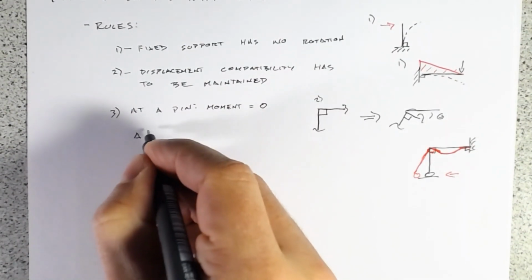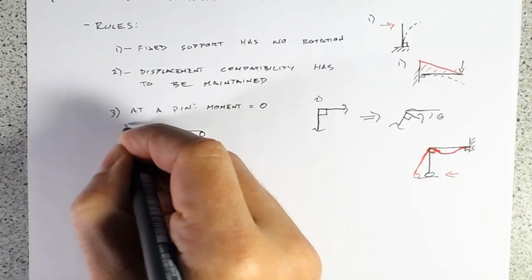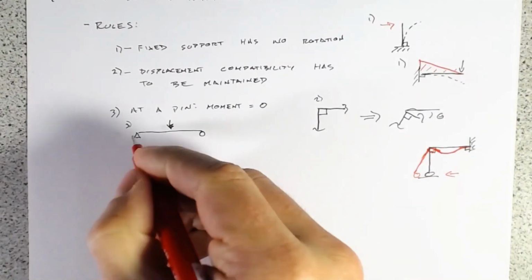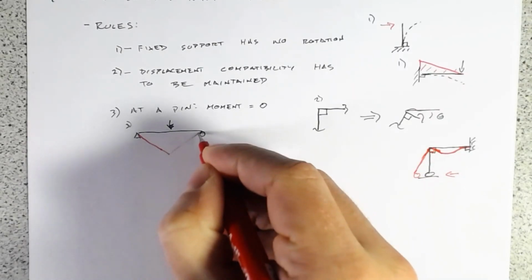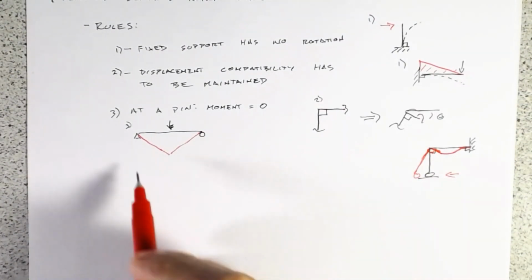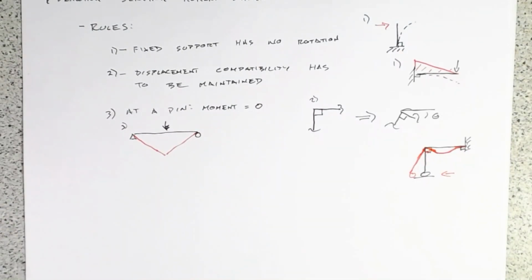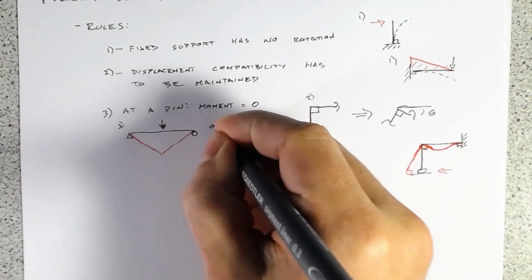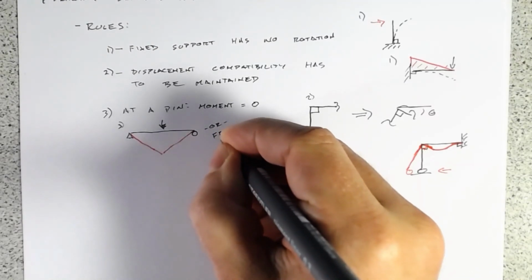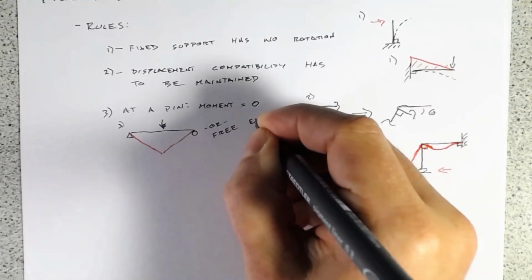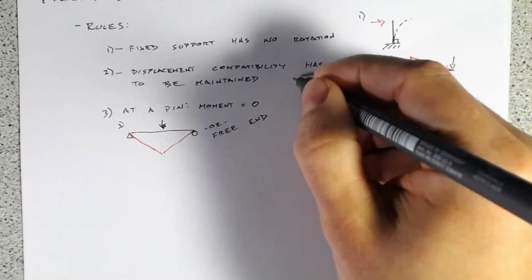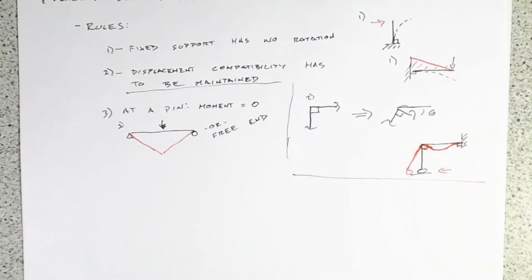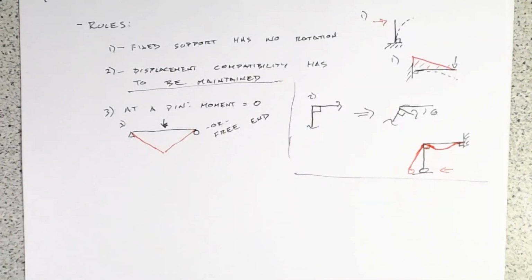If you've got a simply supported beam and it's got a point load on it, our moment diagram will just look like that, where at the pin support, so you can think of this as at a pin or at a free end, and we'll just separate that up over here. So at a free end, it's the same thing.